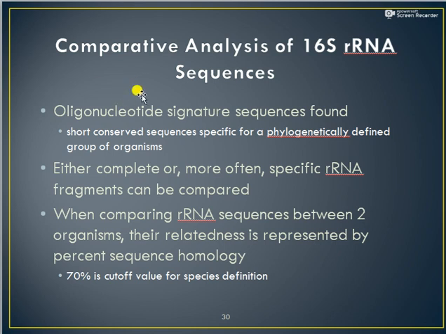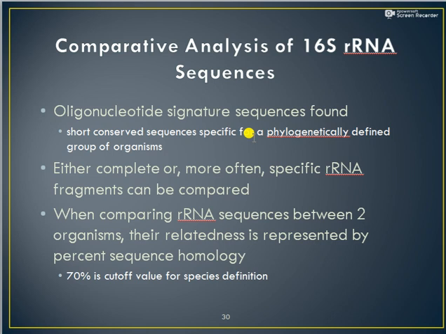Now, when you consider the 16S ribosomal rRNA sequence in the case of bacteria, the oligonucleotide signature sequences are mainly found in the 16S ribosomal rRNA regions, and either complete or, more often, specific ribosomal rRNA fragments can be compared to find out the phylogenetic relatedness between the organisms.